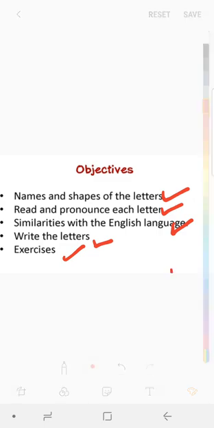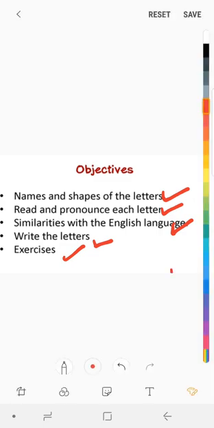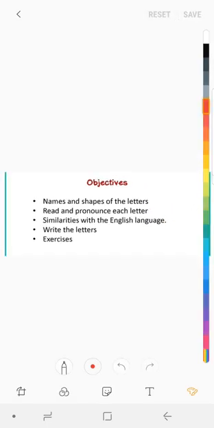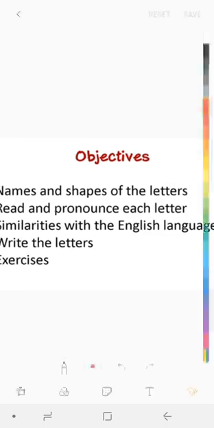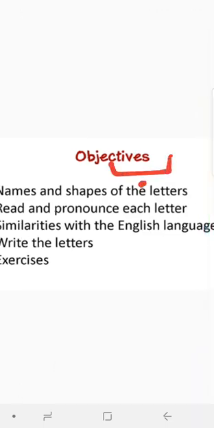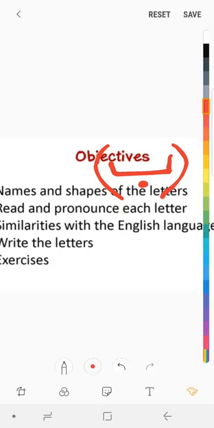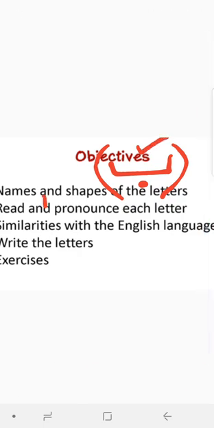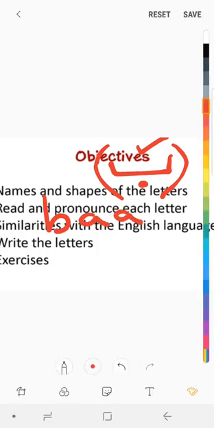For example, we have an Arabic letter that is ba. This is one Arabic letter. We are taking one example, ba. This is the shape, and its name is ba.